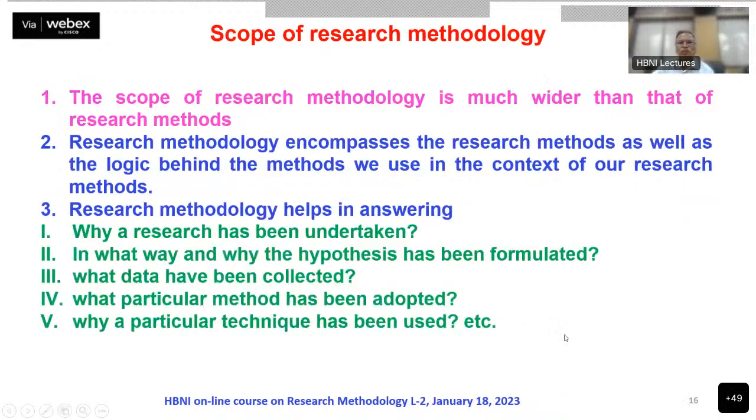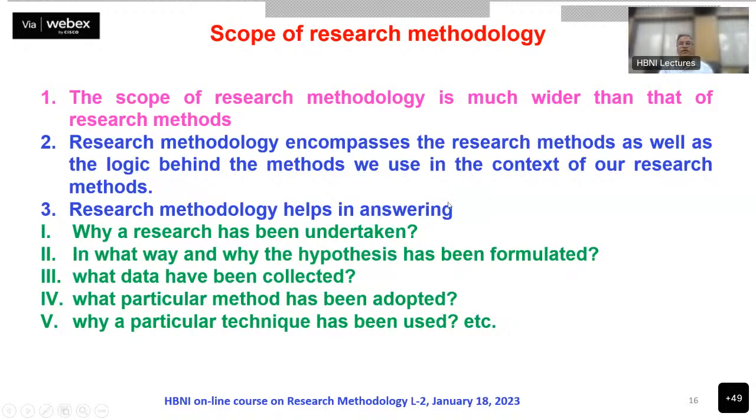Okay, so what is the scope of research methodology? Research methodology and research methods: research methods are a part of research methodology. The scope of research methodology is much wider than that of research methods. We can say research methodology encompasses the research methods as well as the logic behind the methods we use in the context of our research.